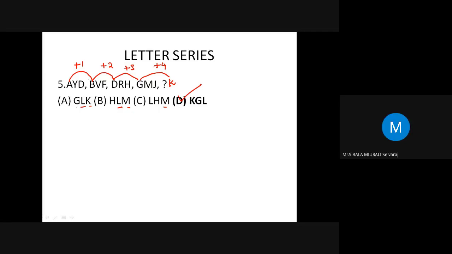See, the first position G, H, L, K, everything is different. M is coming 2 times in the third position. L is coming 2 times in the second position. So if you are taking that, it is okay, but that takes more time to answer. Okay, sir.